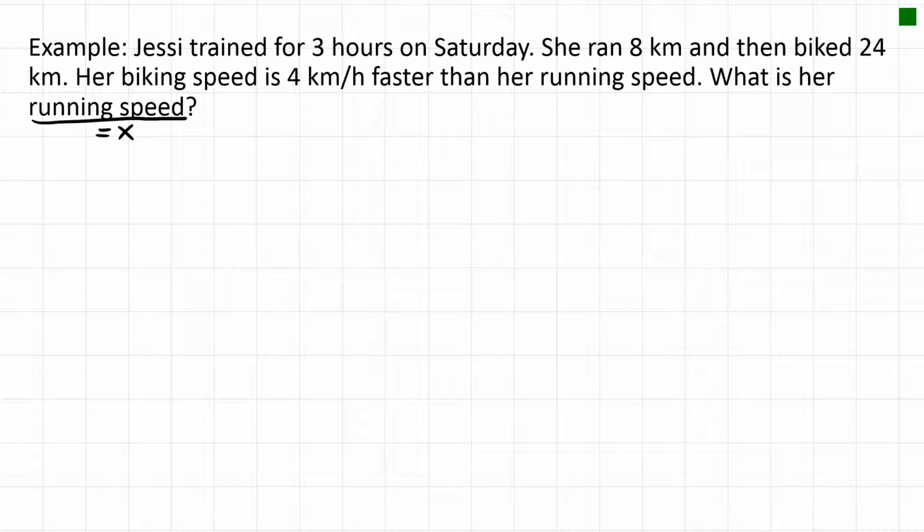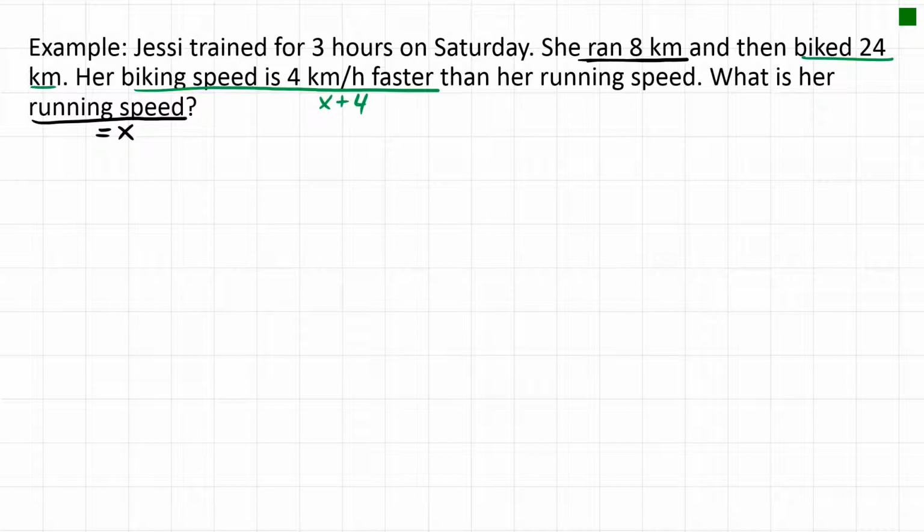One thing I noticed is that we have her biking speed is 4 kilometers per hour faster than her running speed. So right away, I'm going to say, well, if her running speed is x, then her biking speed is x plus 4. Then we also have a couple of other values, like her running is 8 kilometers, so that's going to be grouped up with her running speed, and her biking distance is 24 kilometers, so that's going to get grouped up with her biking speed.